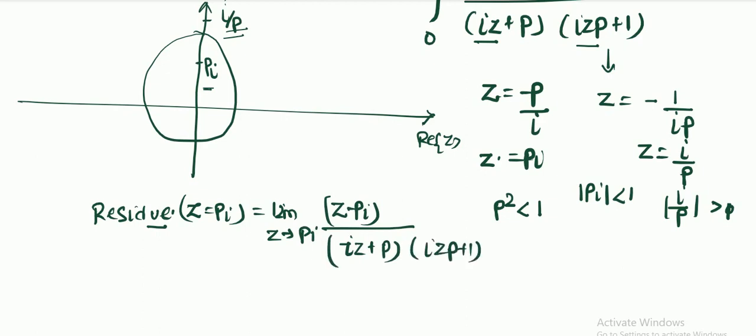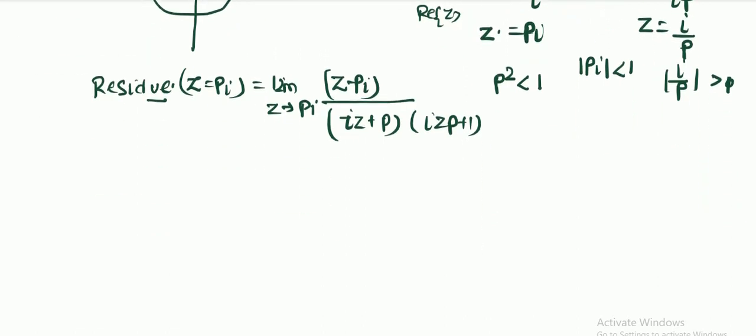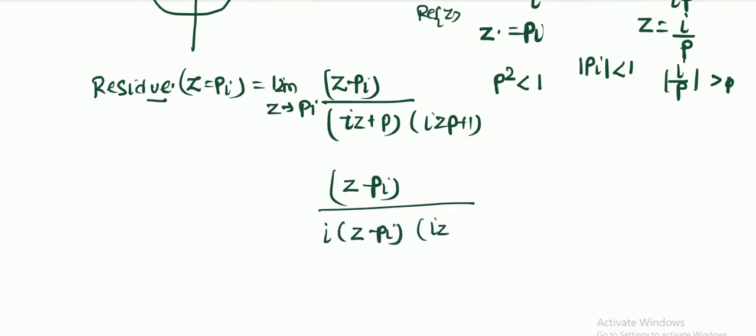Okay, now we will solve this by just taking common I. If you take common factor I, z minus pi divided by I, that is z minus pi into izp plus 1. So this we will get, and these are cancelled out.